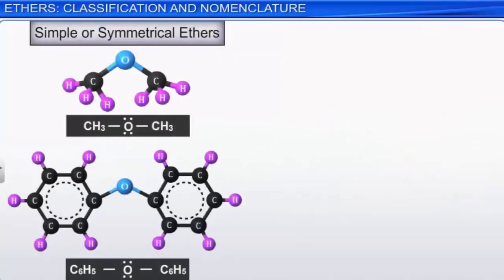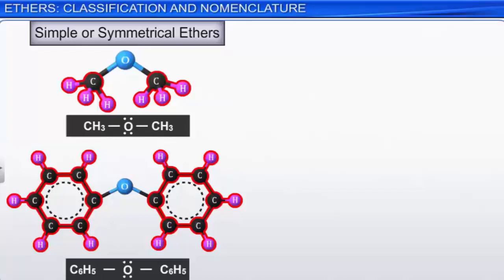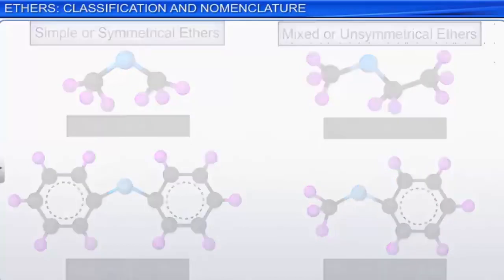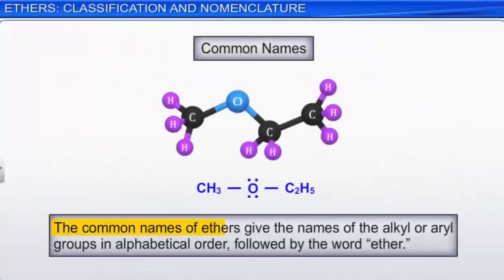Simple or symmetrical ethers have 2 identical carbon groups on either side of the oxygen. Mixed or unsymmetrical ethers have different carbon groups on either side of the oxygen. The common names of ethers give the names of the alkyl or aryl groups in alphabetical order, followed by the word ether.